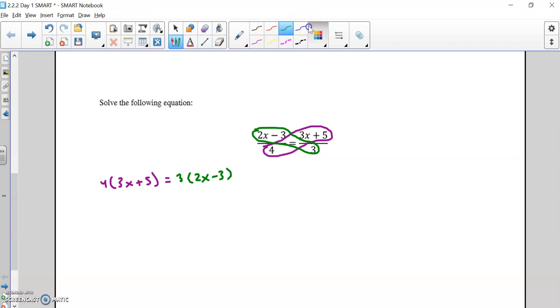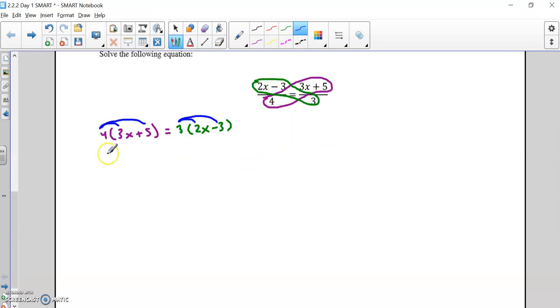Once we get that done, all we have to do is distribute, combine like terms, and we're on a journey to solve for x. So I can distribute whatever is on both sides of the equal sign. 4 times 3x is 12x, 4 times 5 is 20. And on this side, 3 times 2x is 6x, 3 times negative 3 is negative 9.